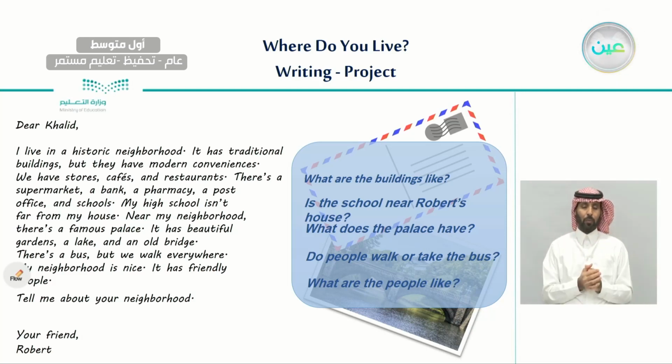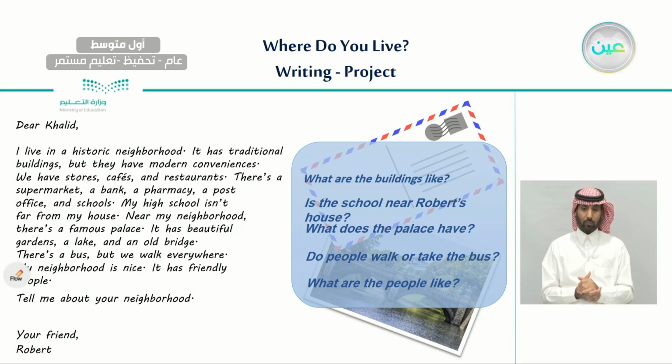So these are the three things that their palace has. And do people walk or take the bus in Robert's neighborhood? Let's read and find out. Robert says that there is a bus, but we walk everywhere. So they have a bus, but they don't use it. They prefer to walk.